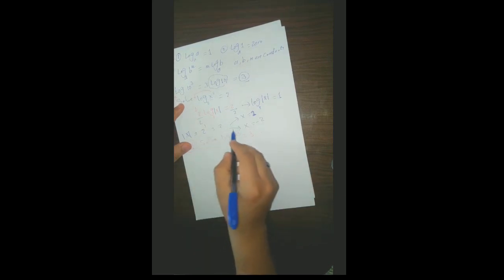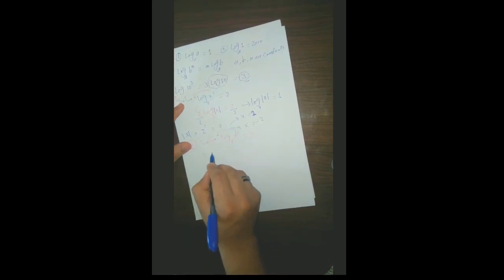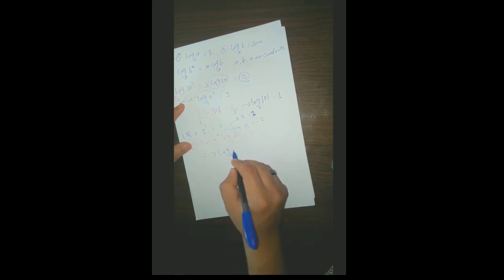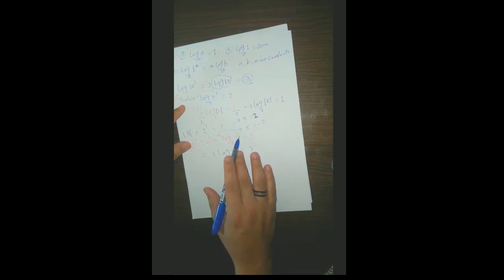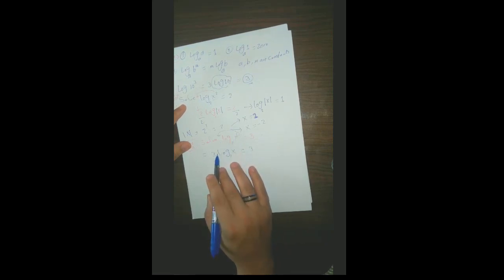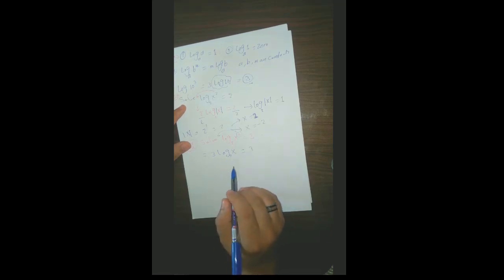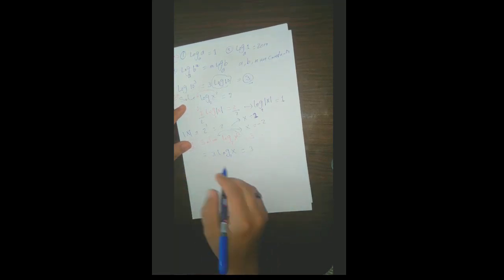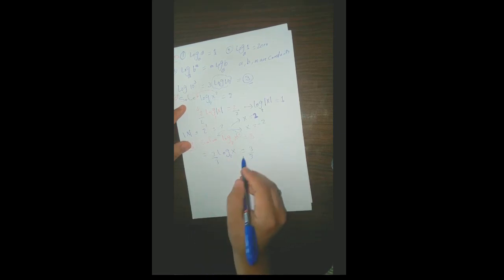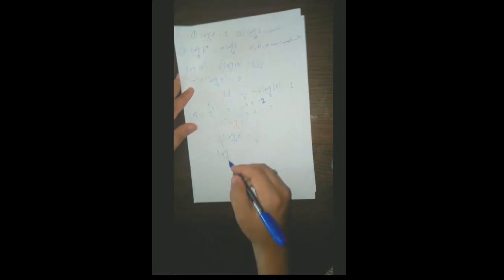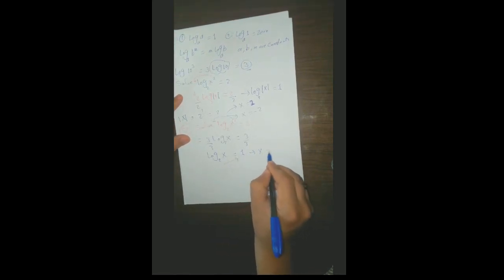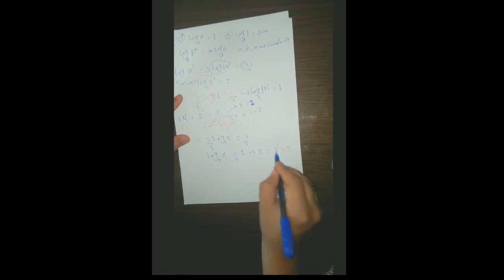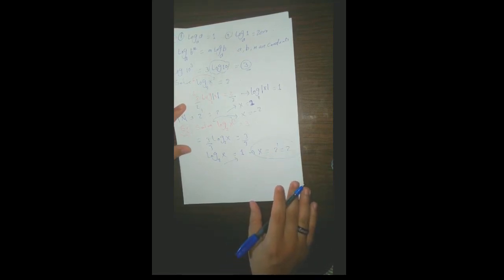Then I write this in the form 3 log base 2 of x equals 3. With an odd power, we take out the power in front of the logarithmic function and then complete our solution. Dividing by 3, we get log base 2 of x equals 1, so x equals 2 to the power 1, which equals 2. Then my solution set is {2}.